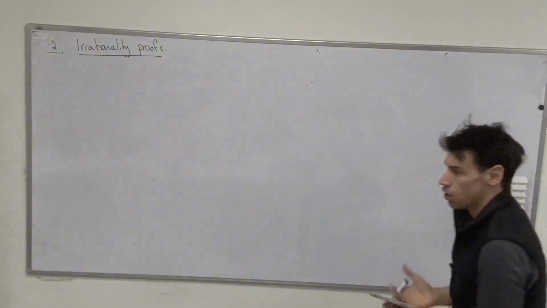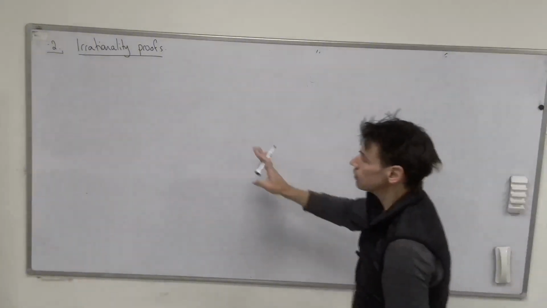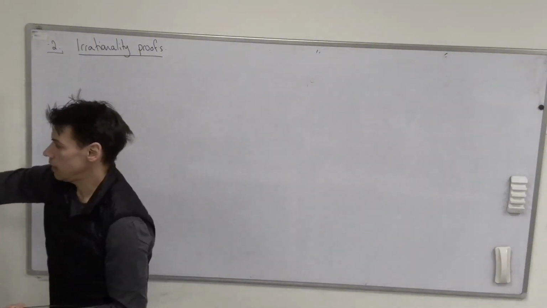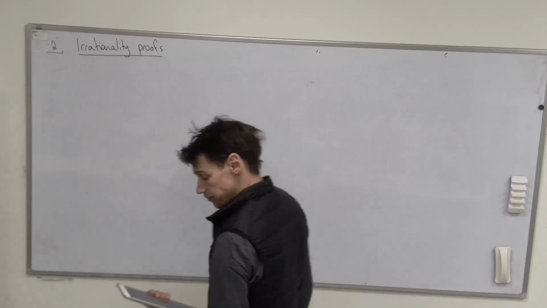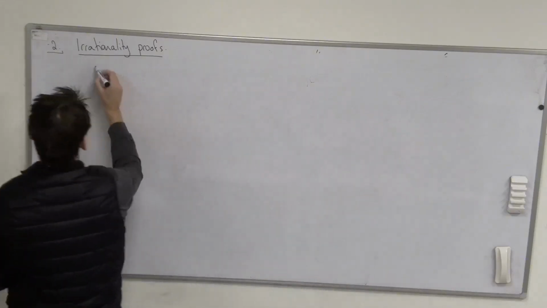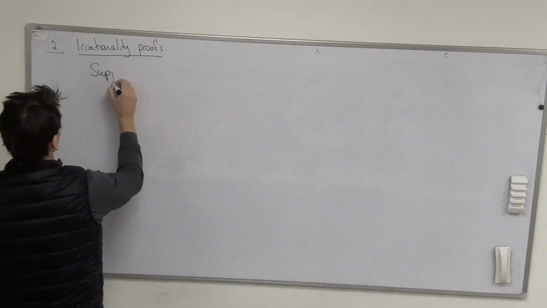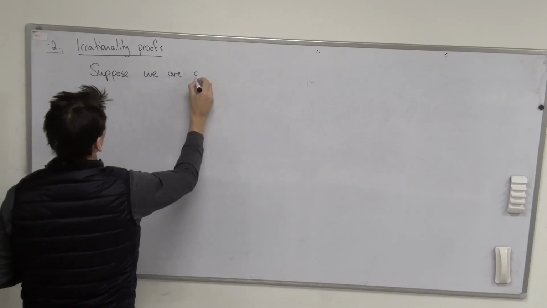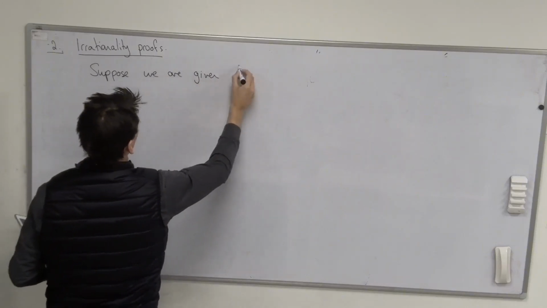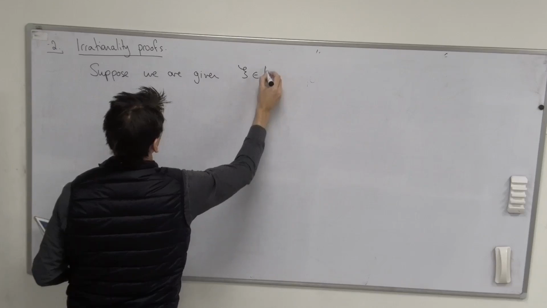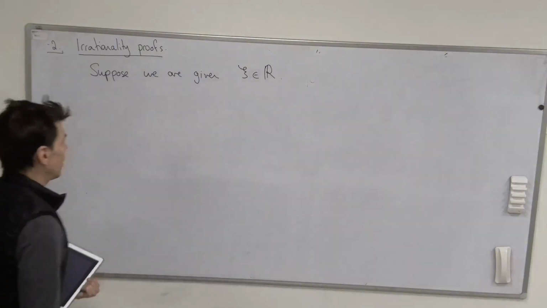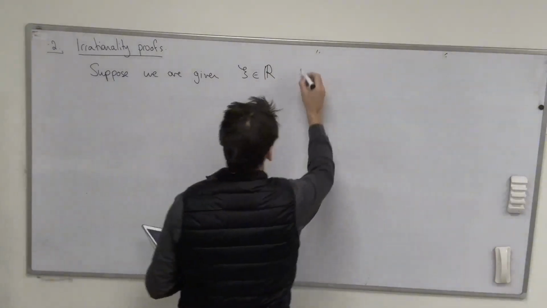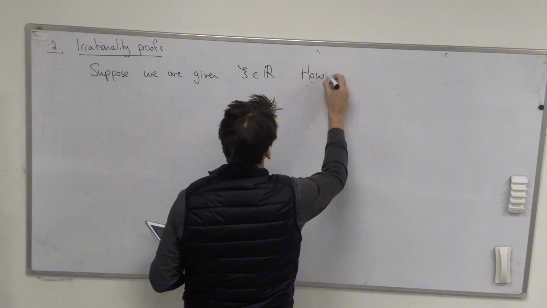So there's essentially one very simple idea which goes into proving that a number is irrational. So the question is as follows. Suppose we are given a real number psi, and we think it's irrational.